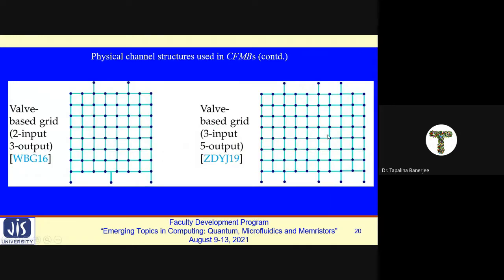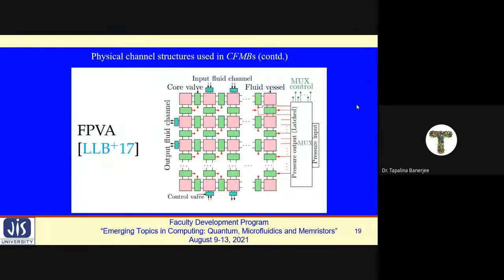Now, another thing, valve-based 2D grid type continuous flow microfluidic biochips. These offer the advantage of programmability for sample preparation. This advantage we also receive from this FPGA, the programmability.